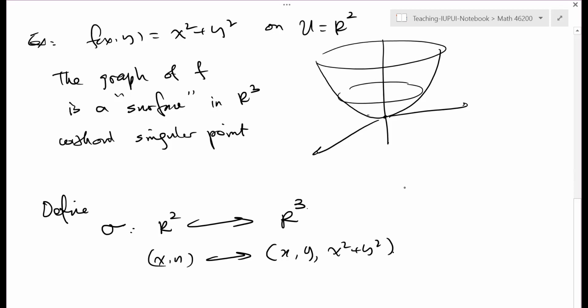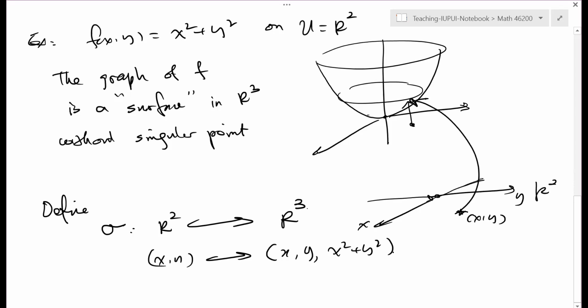Look at this: this is my R2, with the x-axis and y-axis. A point here, x and y, is assigned to a point above it. How can I get that point? You look at the corresponding point and just go up.